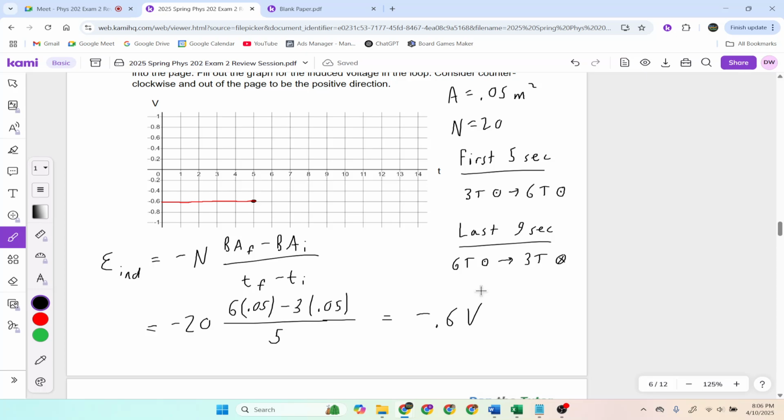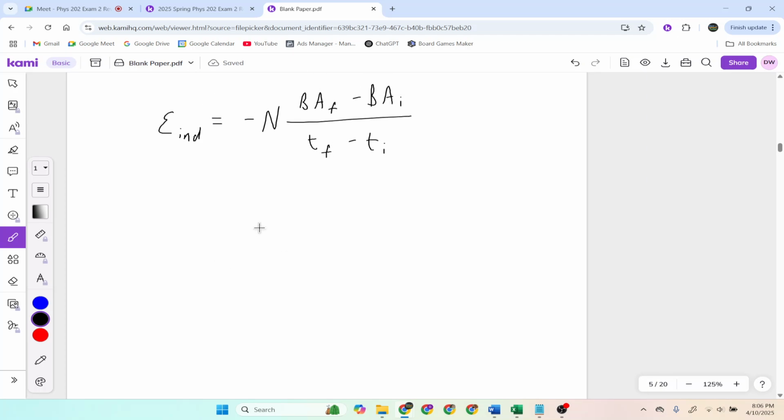Then for the last 9 seconds, this is conveniently 5 to 14. That's 9 seconds. Would you look at that? I'm literally just doing the equation again with new numbers. So for this one, it's negative 20. This time the final is negative 3, and I say negative because it's into the page. Into the page is negative. So negative 3 times 0.05 minus the initial.